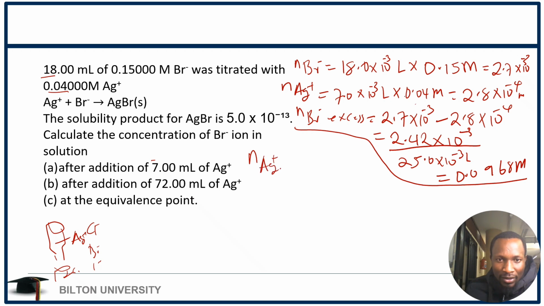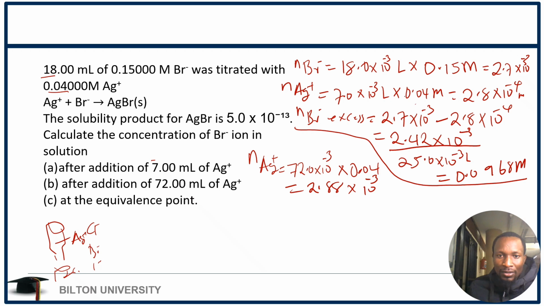In this case, we have the volume that we added, 72.0 times 10 to the power minus 3 liters, times the concentration, which is 0.04. The concentration has still remained the same, and that's going to give us a total number of moles of 2.88 times 10 to the power minus 3 moles.